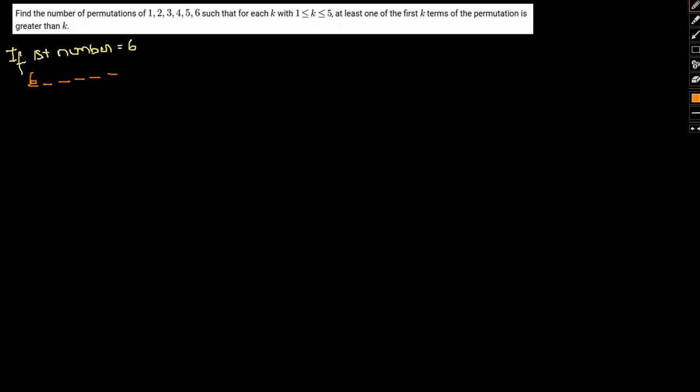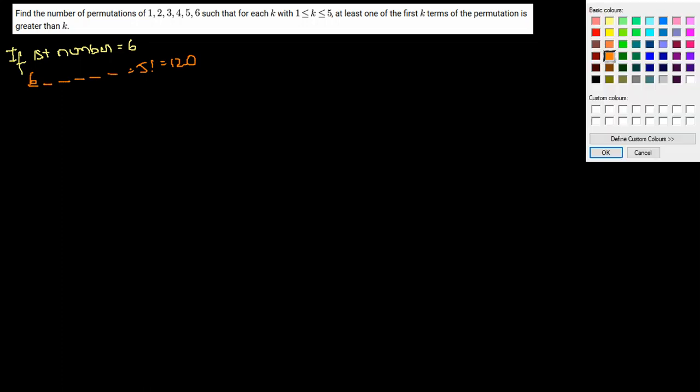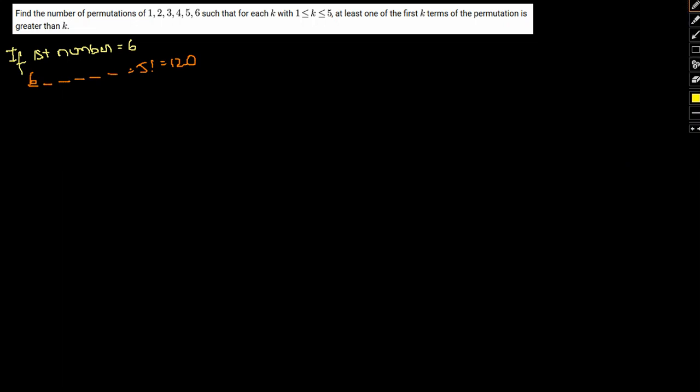The rest of the 5 numbers can be placed in any order in these 5 places. Therefore the total number of ways here would be 5 factorial, or 120. So this is the count when the first number is 6.